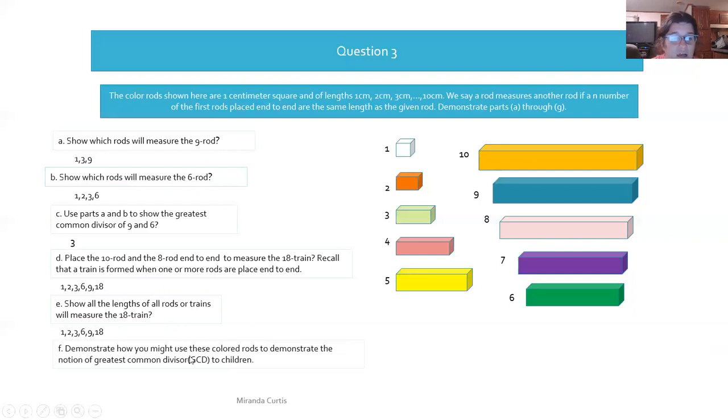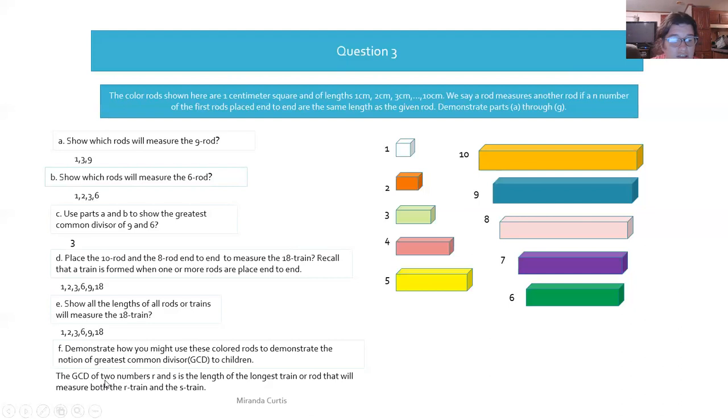You know what you're doing. Okay, it says, demonstrate how you might use these color rods to demonstrate the notion of greatest common denominator, GCD, to children. It's really easy because all you're really doing is multiplying.